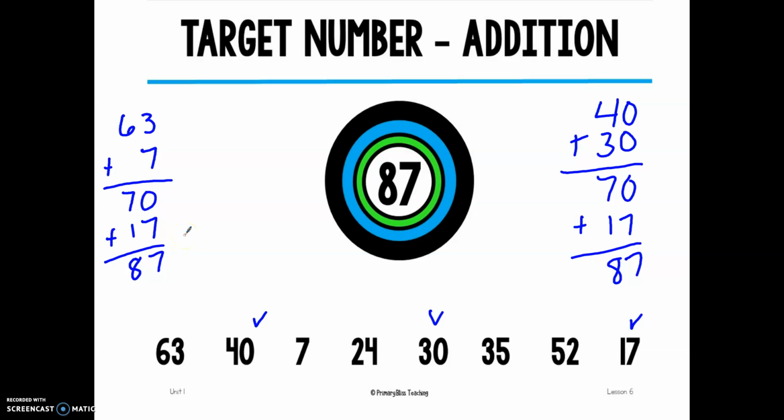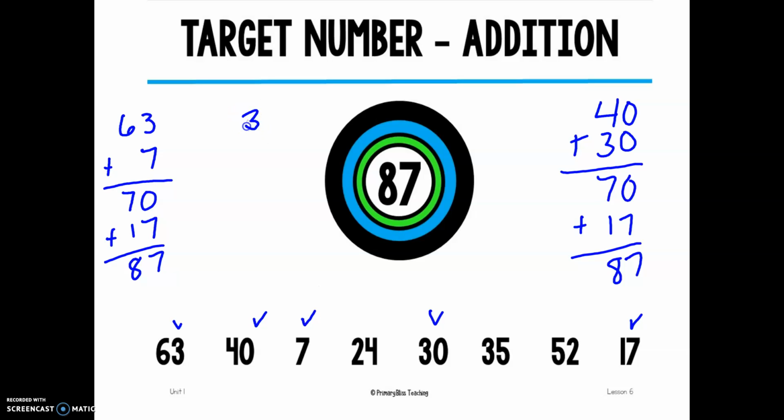Ladies and gentlemen, while we're working on our target numbers, we can use the numbers at the bottom of the page more than once. Let's see. What about, so I've used 63 and I've used 7. What can we do with some of these other numbers? Here.